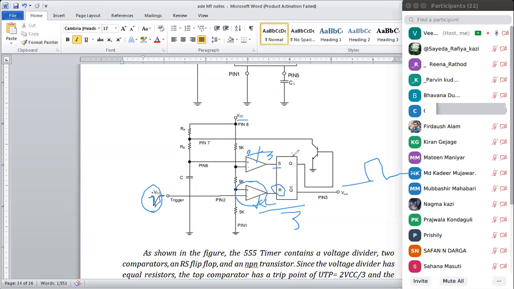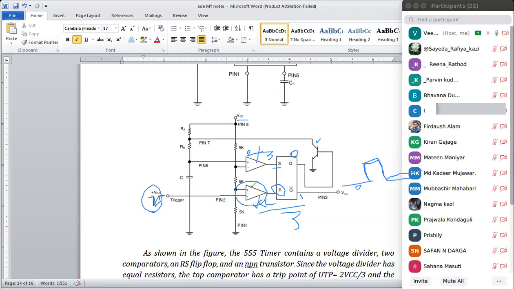If it has been reset, that means Q becomes 0 and Q bar becomes 1. So the 0 level suddenly goes high, and remains high only until this transistor turns on. Then it goes to 0 and continuously stays at 0.